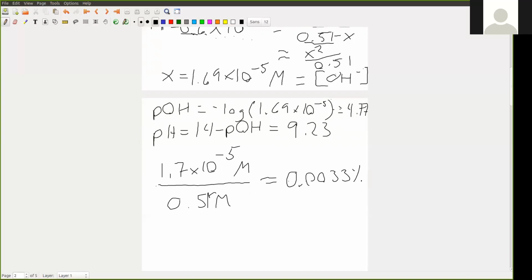So, quick review. We were asked to calculate the pH and the percent hydrolysis of a solution of sodium acetate with a given concentration of 0.51 molar. And what we did first was an ice table, although you could just simply recognize that as a salt, it's going to completely dissolve and you're going to have the same concentration of your acetate ion as you did of your sodium acetate.